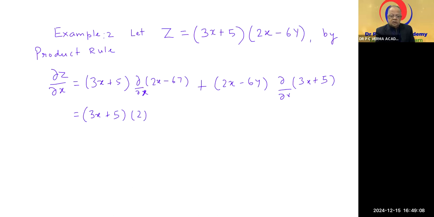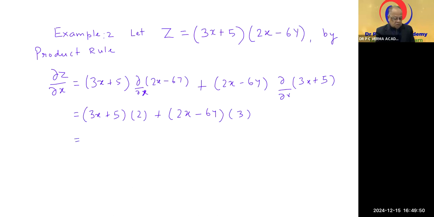Plus, here you will write 2x minus 6y and differentiate 3x plus 5 with respect to x. Then what you will get? This will be 0 and x will be 1, so 3 only will be there. And this constant will be 0. Then you will solve it.